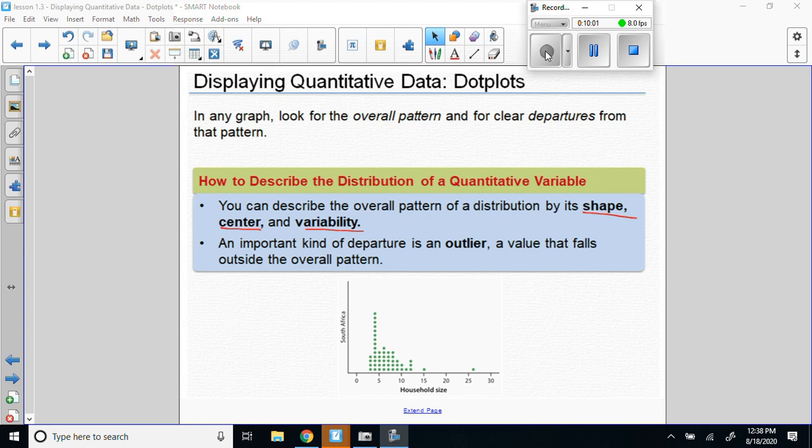Now, for this one, we also have to consider things such as outliers. If you look at this, you can see that this is skewed which way? To the right. You see this little data point right here? What is that? Outlier.